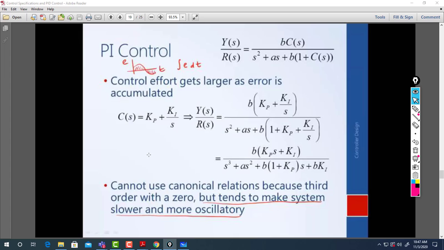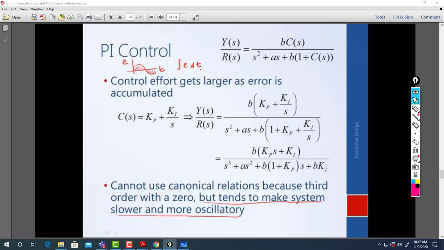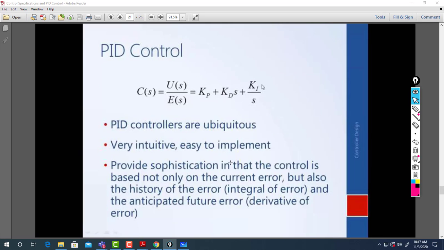The system becomes more oscillatory, so it contributes to the stability in a negative way. It may happen that your system even becomes unstable. Okay, that's all guys. But one advantage of the PI is that it will cancel or eliminate the steady state error, as explained, because of the summation of error. Okay, so you can look at it yourself.